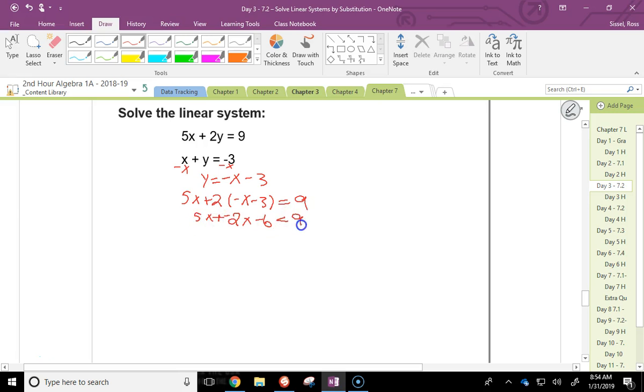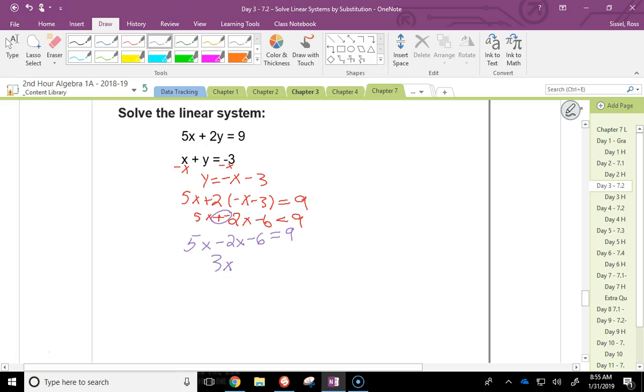You distribute that 2, you'd have 5x plus -2x minus 6 equals 9. The only thing I'll help with is, remember, if I have adding a negative, I could just say 5x minus 2x minus 6 equals 9. Okay. Alright, continue.